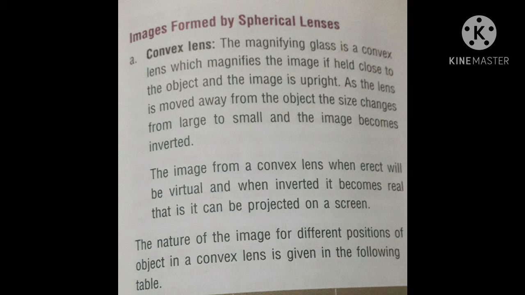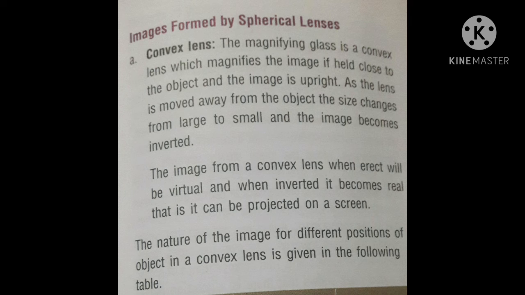Inverted means upside down. The image from a convex lens when erect will be virtual. Virtual means the image cannot be obtained on the screen, and when inverted it becomes real. The inverted image is real, that is, it can be projected on a screen.